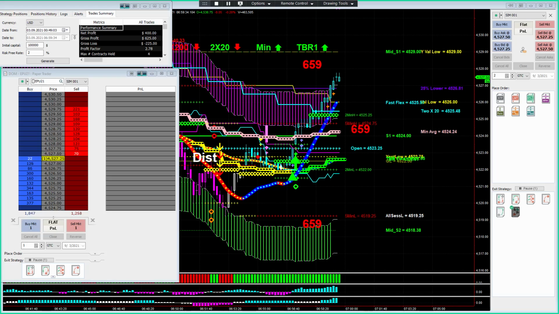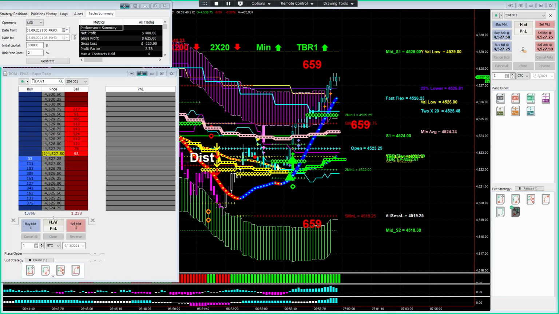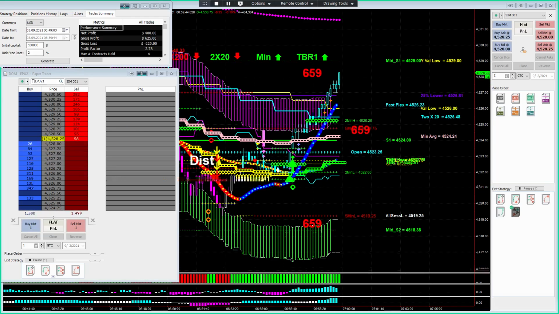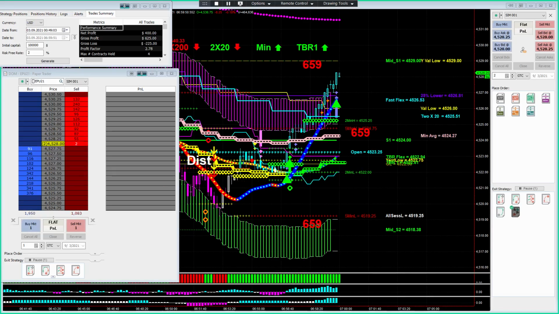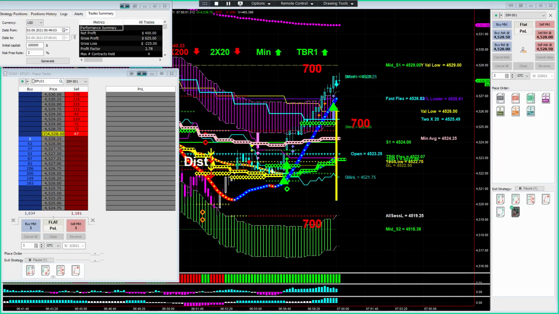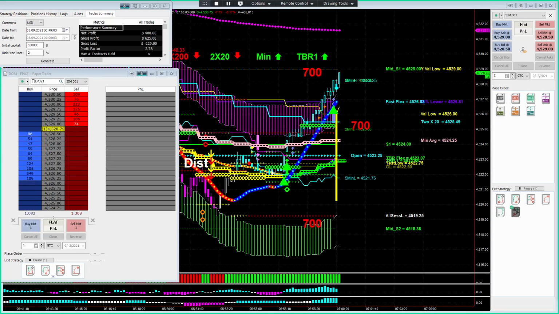So this is that 658 push that we sometimes get after the market went down. Trend change.